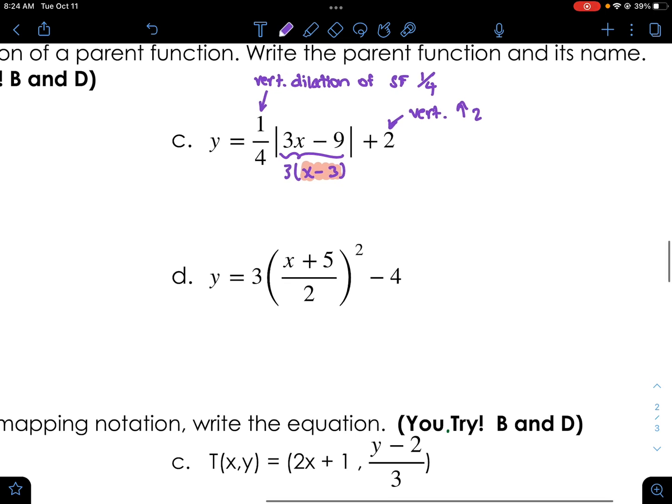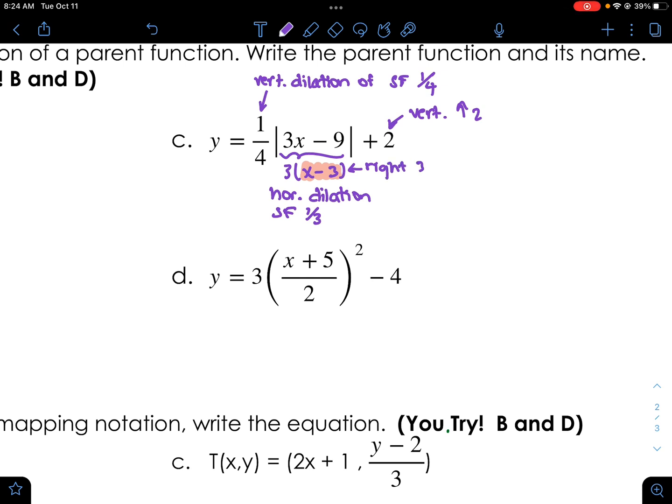So we have a horizontal dilation of a scale factor of 1/3, because that says 3 times. So again, really, you're dividing by 1/3, and then you're moving left or right 3 units.